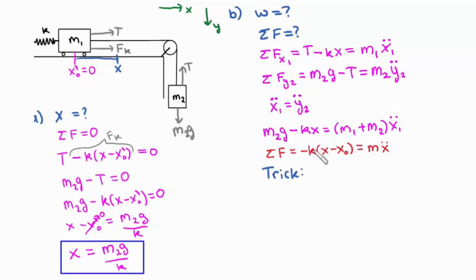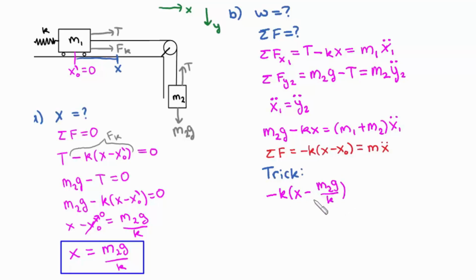Because I want my coefficient over here, my k, to be on the outside of my brackets, I can take out the common factor, negative k, outside. That means I'm going to be multiplying this by x, and then minus m2g divided by k.